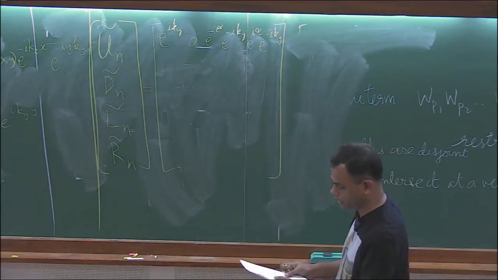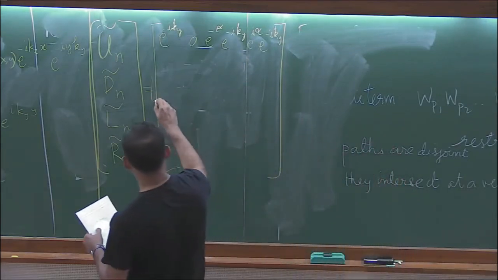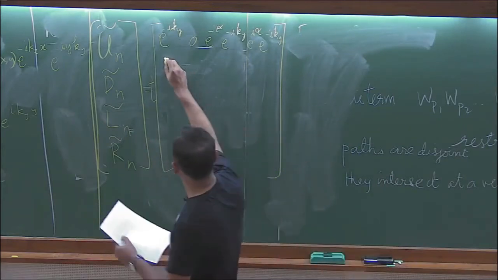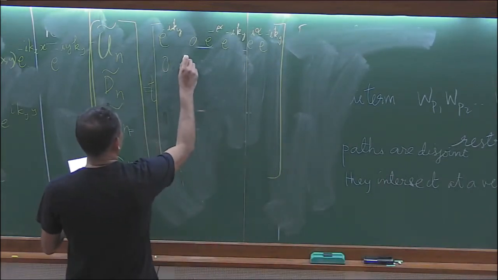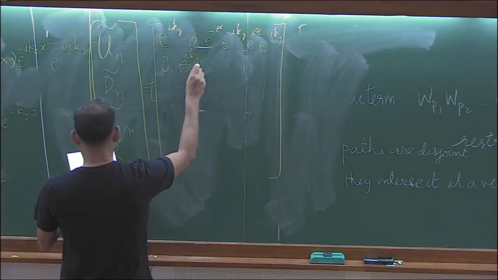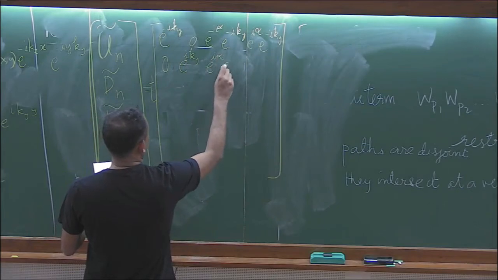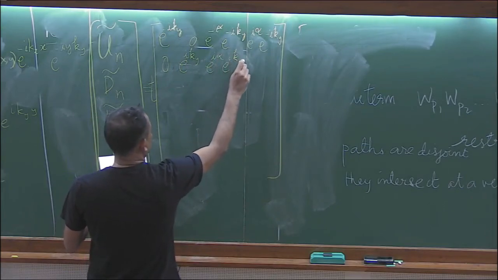There's a t for each one. T times that, 0, e to the power i ky. Once you write down a few terms, you'll realize that you can write down all of them.